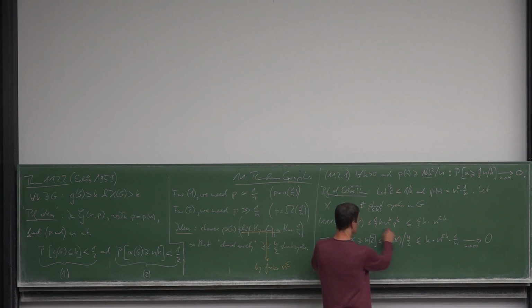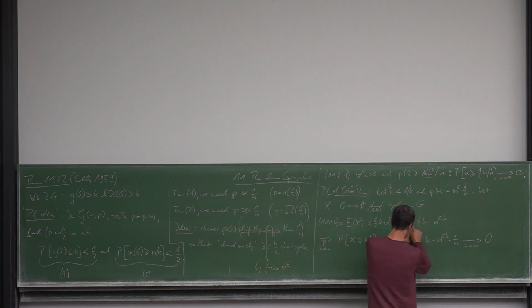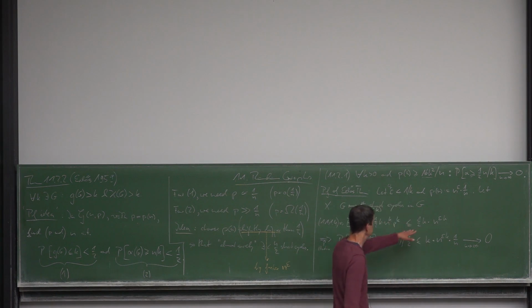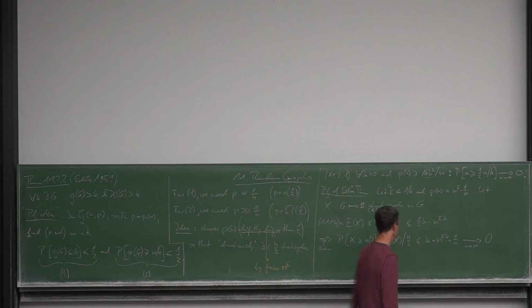So we require this to be small enough for this to go to 0. So when we divide this by n over 2, we want it to go to 0. And this doesn't look like something that goes to 0, because we have n to the, well, epsilon may be small, but k looks big.